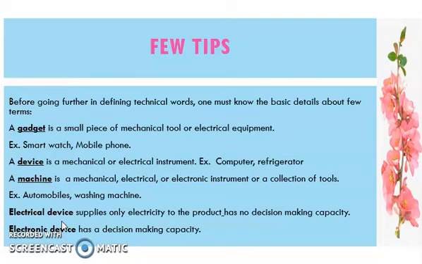Let me consider just two major parts. Electrical device supplies only electricity to the product without having any decision making capacity. On the other hand, electronic device works on electricity, but it has its own decision making capacity.